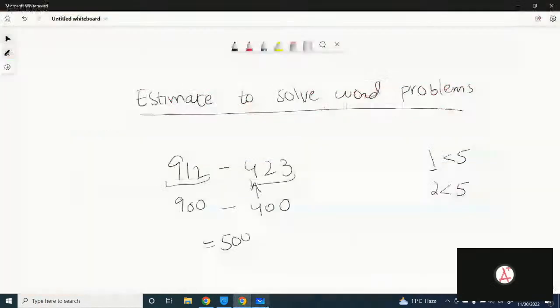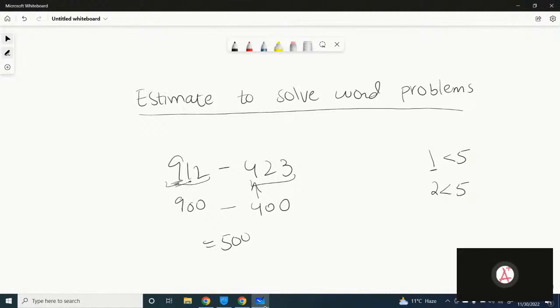Just to understand the estimation, you have already done estimation in the previous grades. For this one, you have to estimate to the nearest 100. So the 100 digit here is 9. Just look at the digit right after the 100. You have 1. Compare this digit to 5. If it is less than 5, you have to round on the same 100. Like here you have 9, so you have to round off to 900. If the number is 5 or greater, you have to round to the next 100.